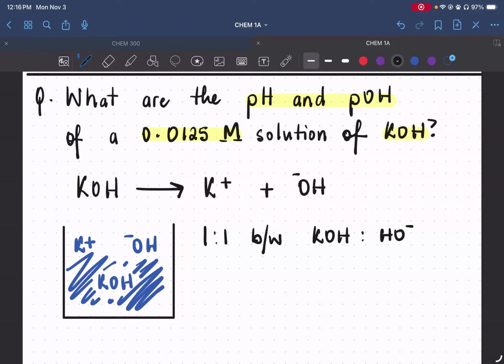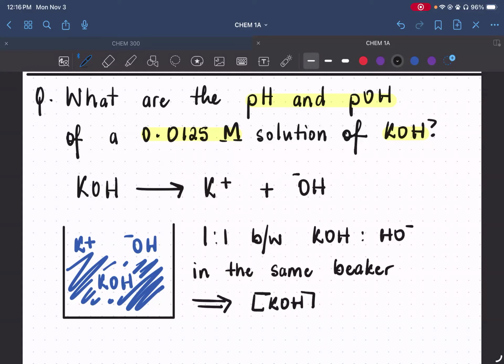This 1-to-1 ratio in the same beaker or flask or glassware, whatever you want to call it, is what tells us the concentration of KOH is equal to the concentration of K plus, which is also equal to the concentration of OH minus.